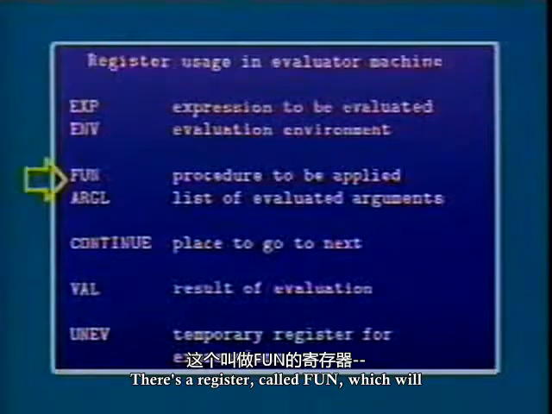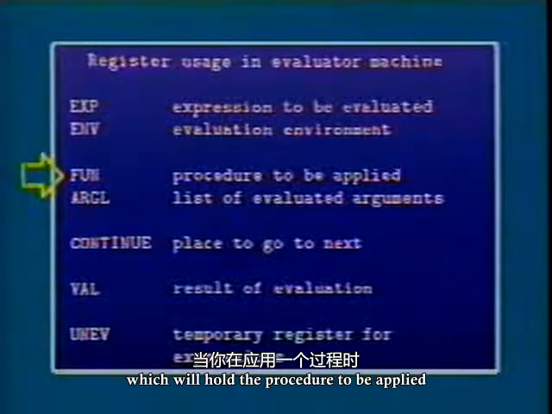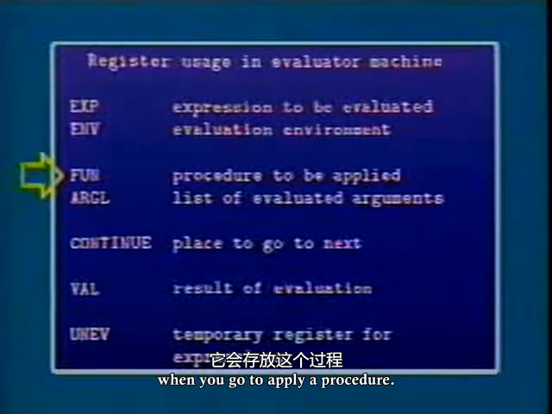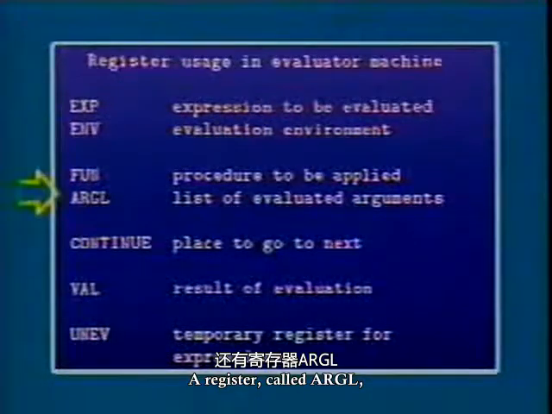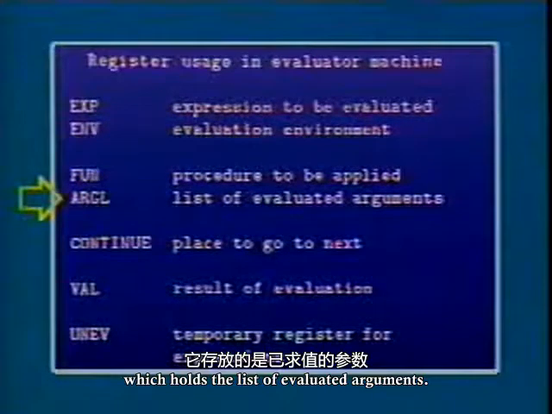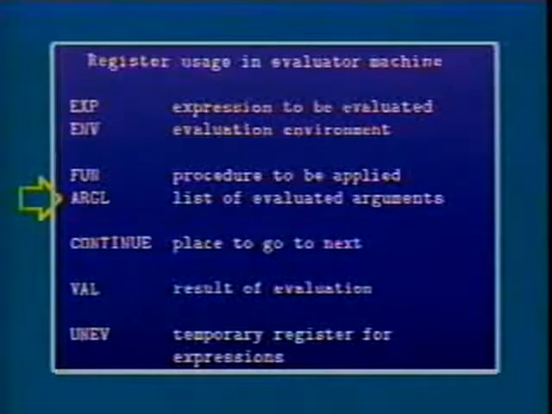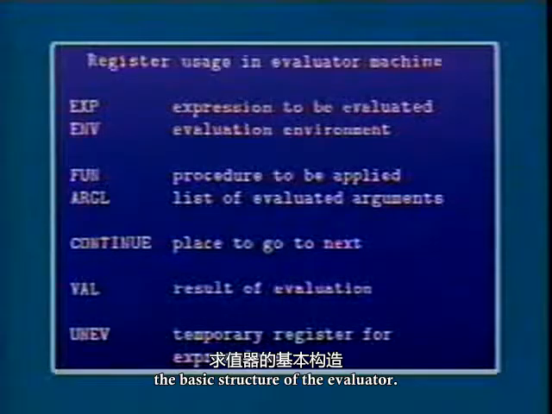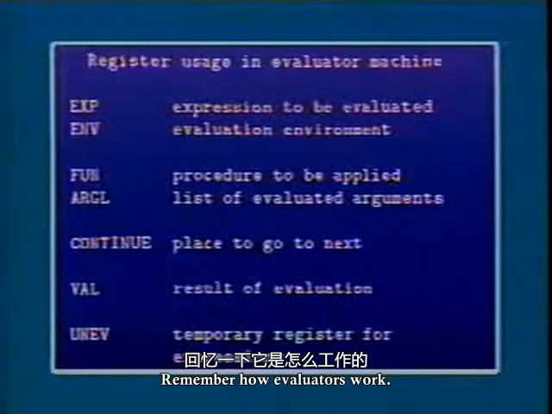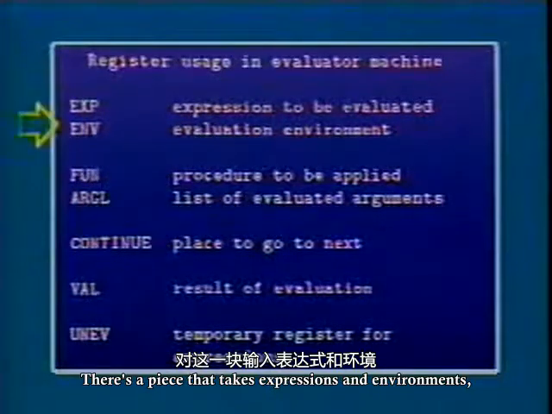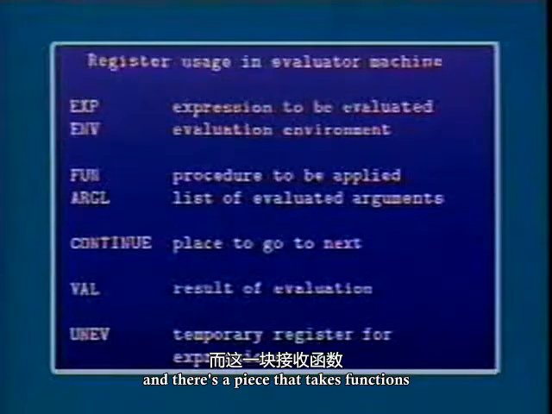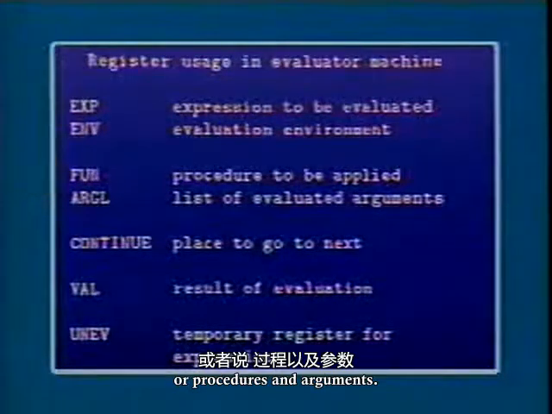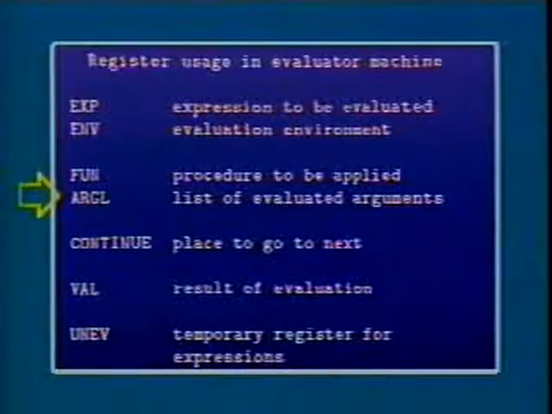There's a register called fun, which will hold the procedure to be applied when you go to apply a procedure. A register called argle, which holds the list of evaluated arguments. What you can start seeing here is the basic structure of the evaluator. Remember how evaluators work. There's a piece that takes expressions and environments, and there's a piece that takes functions or procedures and arguments.